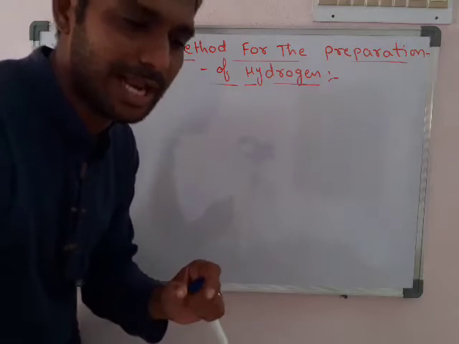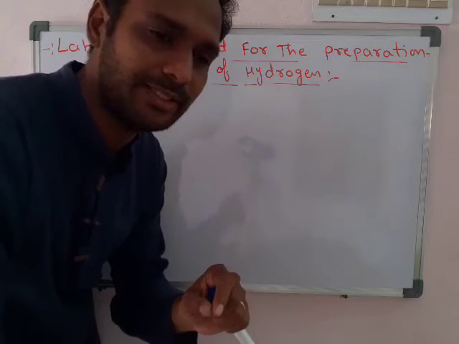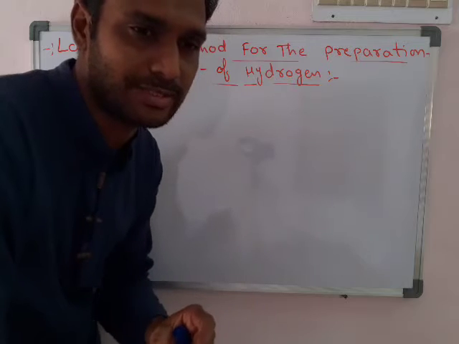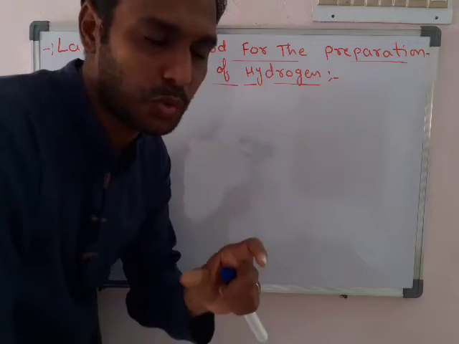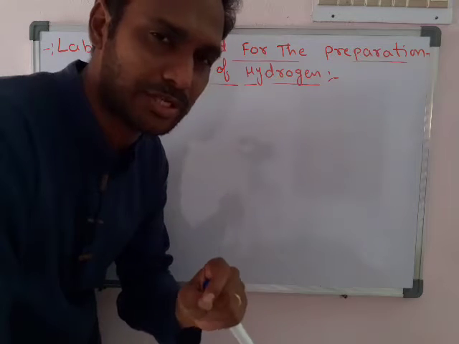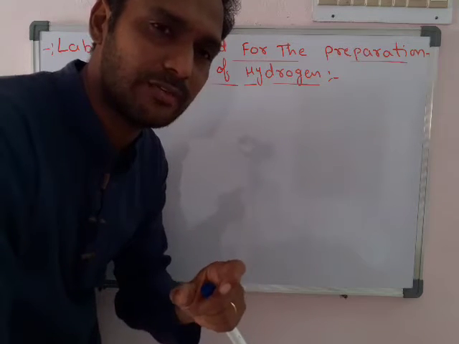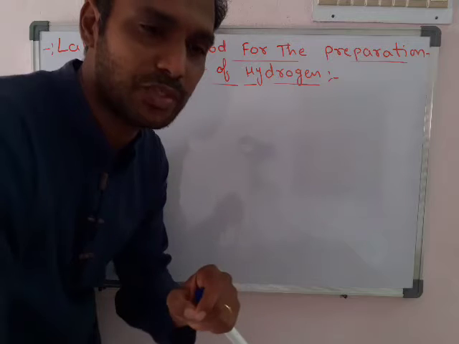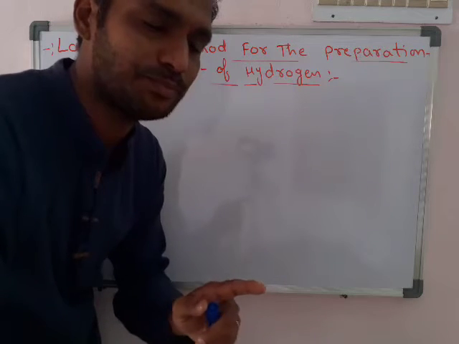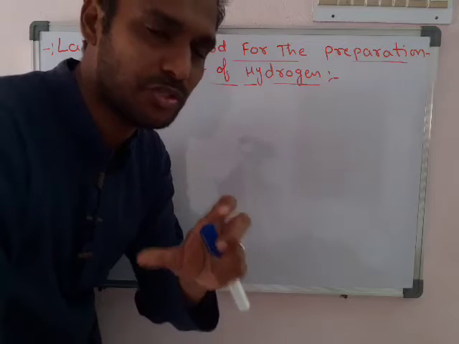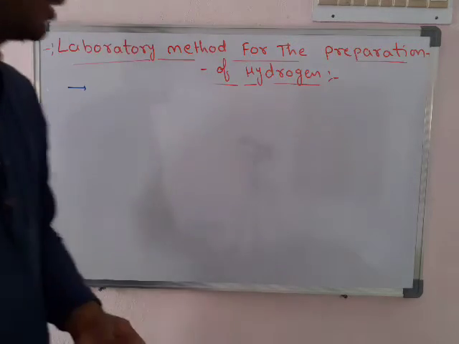In this method, granulated zinc is treated with dilute sulfuric acid. We know dilute indicates a low concentrated sulfuric acid. Zinc is treated with dilute sulfuric acid forming H2 gas. Which reaction takes place? First we write it.